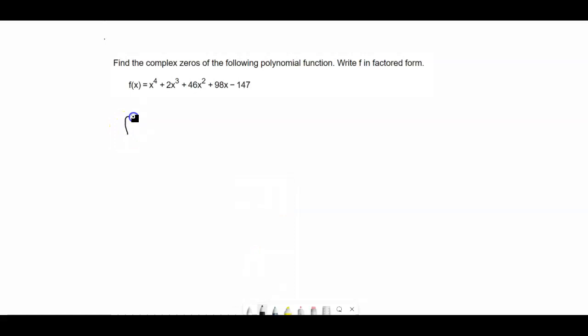So that's going to be p, which all the factors of 147. I know 1 is a factor. I know 3 is a factor. And that would make 49 a factor. And 147 a factor. And remember, I can look at positive or negatives of each one of these.